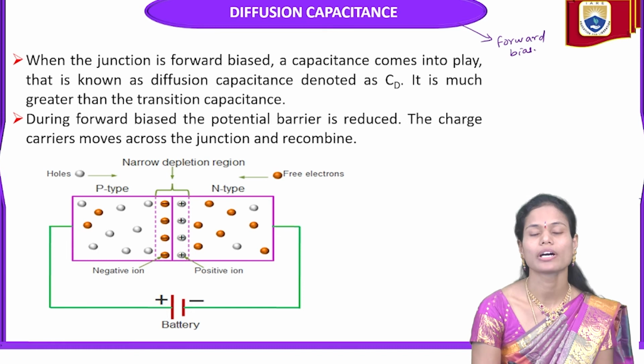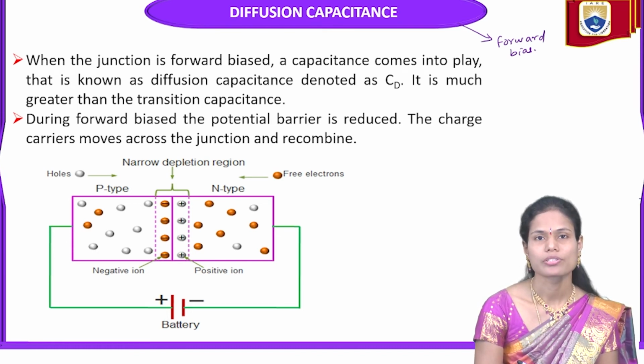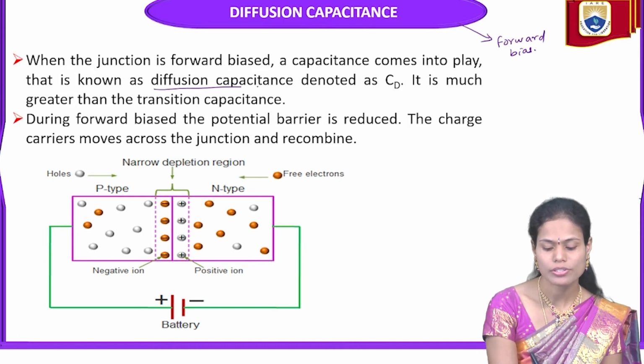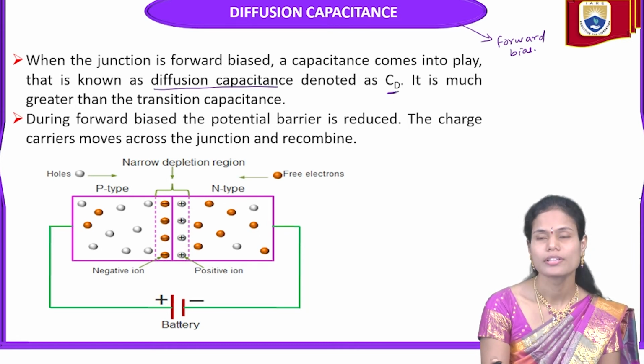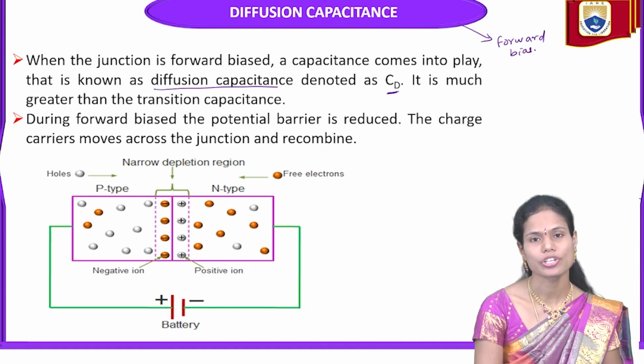Okay, when we apply the forward bias to the PN junction diode, this particular capacitance will exist here. When the PN junction is forward biased, a capacitance comes into play, known as the diffusion capacitance, and we are denoting this as CD here. This diffusion capacitance value will be very high compared to the transition capacitance.